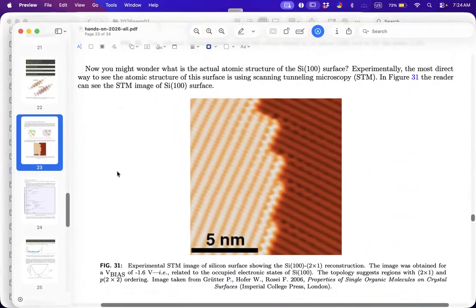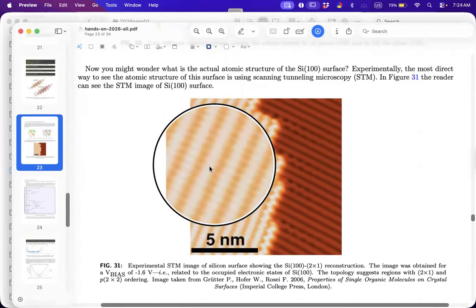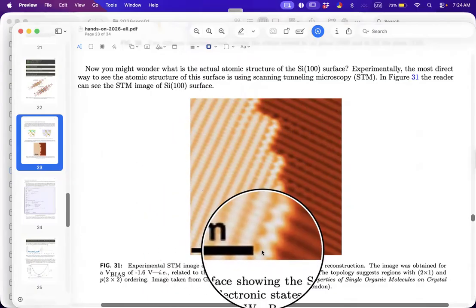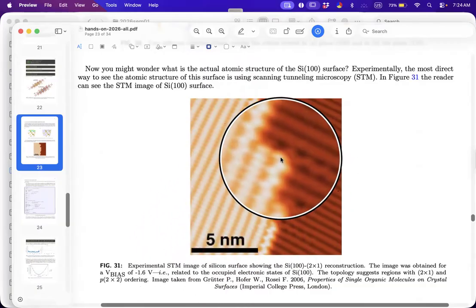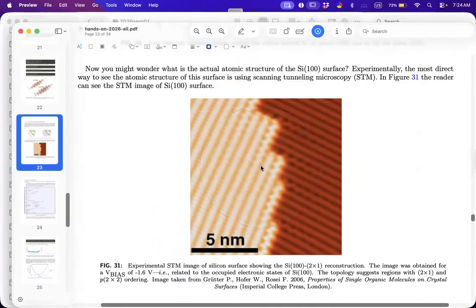STM is scanning tunneling microscopy, right? This scanning tunneling microscopy is able to actually see the atomic structure. The resolution is 5 nanometers, 50 angstrom, right? So the experimentalists call this atomic resolution already, right?